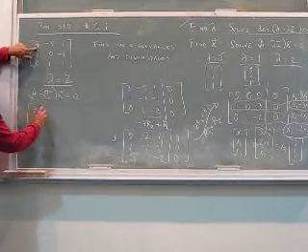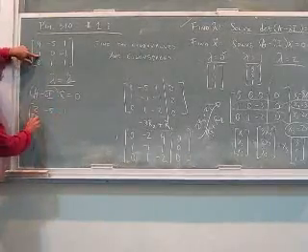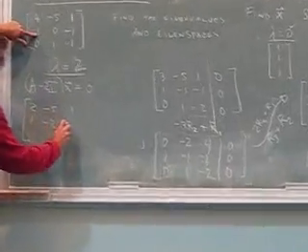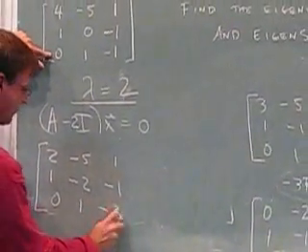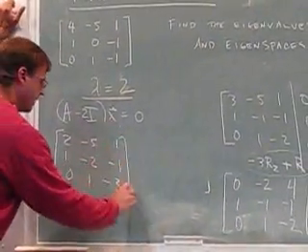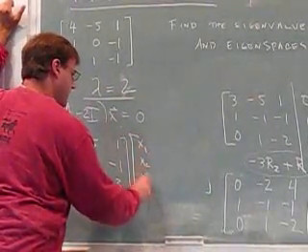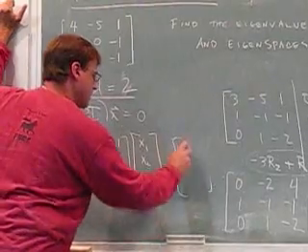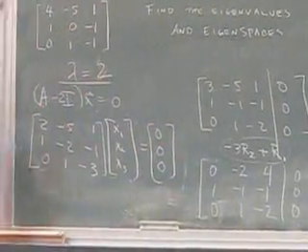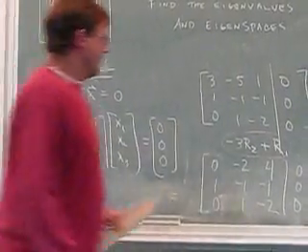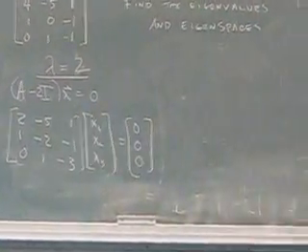So I'm going to do 2 there, negative 5, 1, 1, negative 2, negative 1, 0, 1, negative 3, times x1, x2, x3 equals 0, 0, 0. All right, let's get the augmented matrix and start solving it.